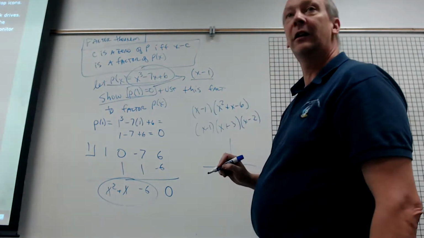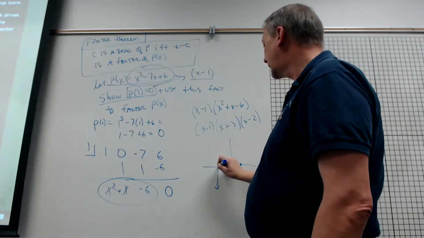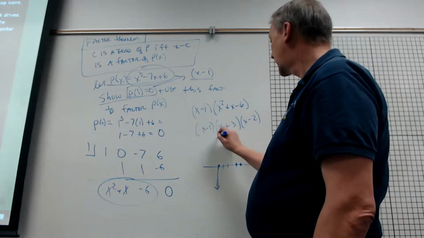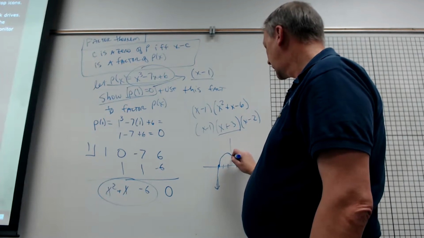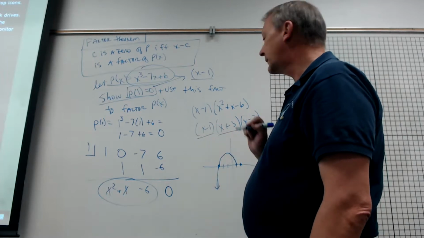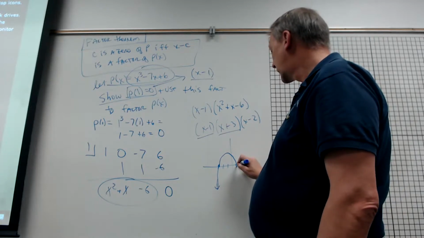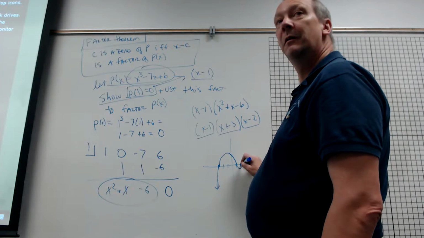So it's going to start high or low? Low. I've got a multiplicity of 1, so it's going to cross. We're going to go to positive 1. We're going to have multiplicity of 1, it's going to cross, and then we're going to go to 2. It's going to cross again.